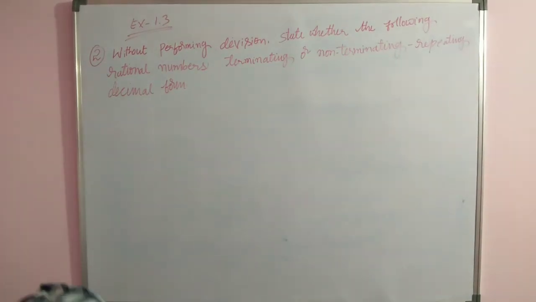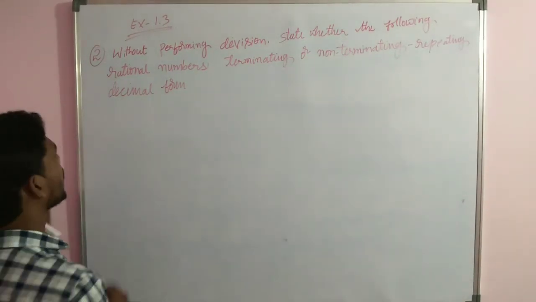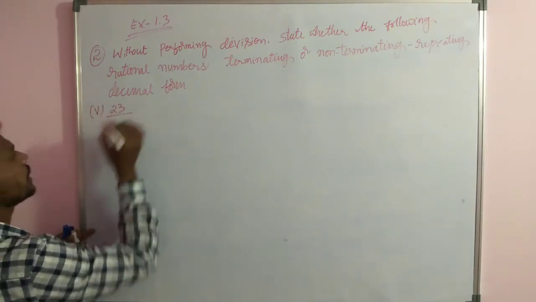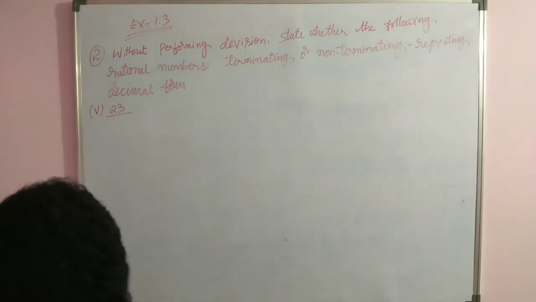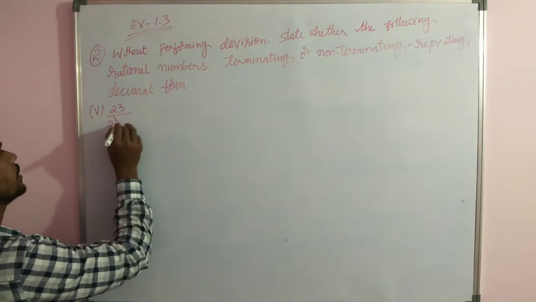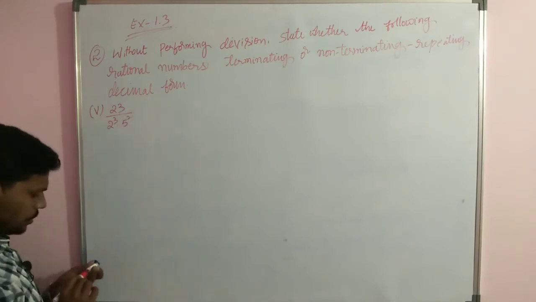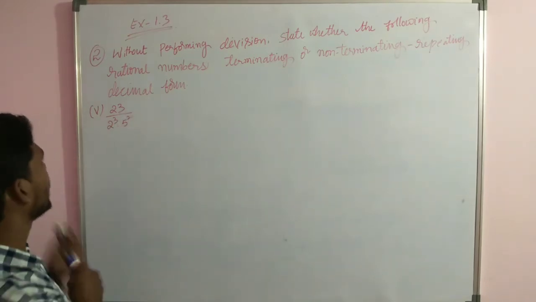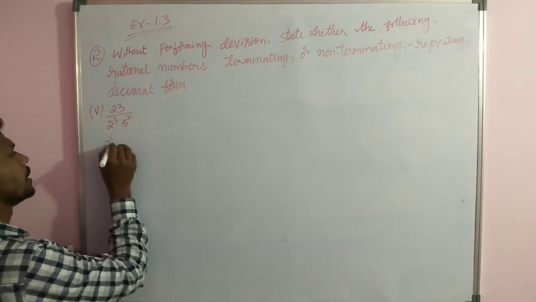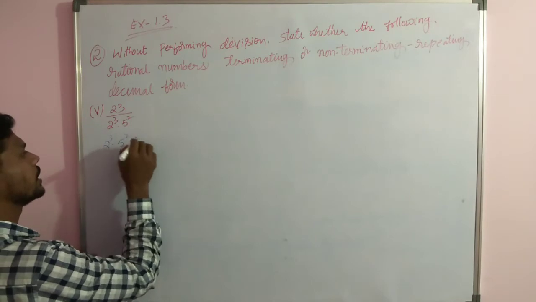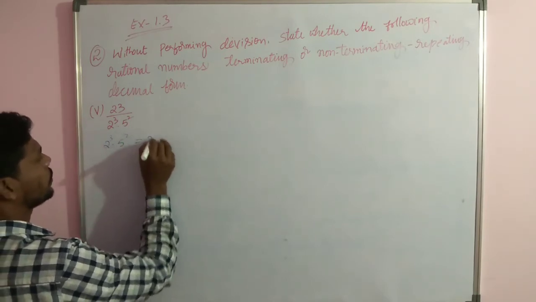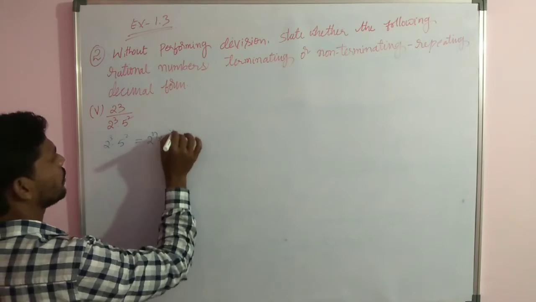Now coming to the next one, 23 divided by 2 power 3 into 5 power 2, that is 2 cube, 5 square. Directly we can say that the denominator 2 cube into 5 square is in the form of 2 power n and 5 to the power of m.